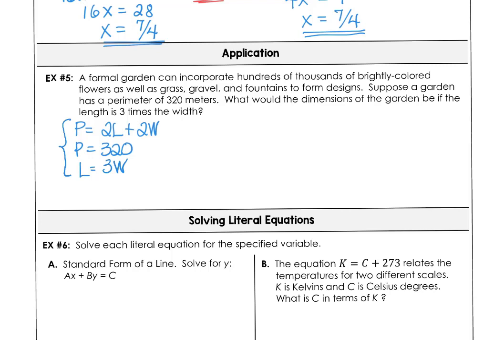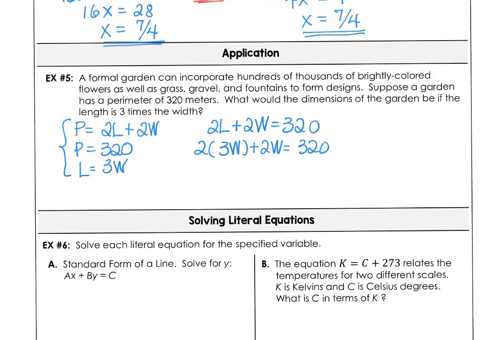And then we're going to take these 3 pieces of information, and we know perimeter is 320. So 2 lengths and 2 widths has to be 320. But we know the length is 3 times the width, so we're going to substitute 3W in place of the letter or the variable L, and then add 2W, and that's going to equal 320.